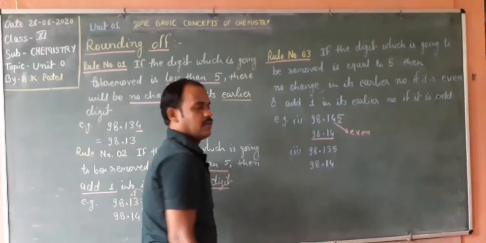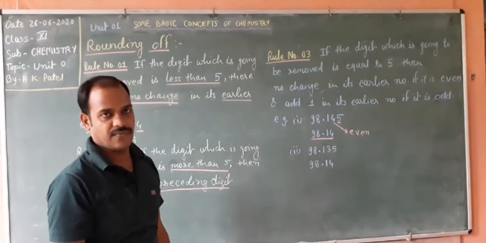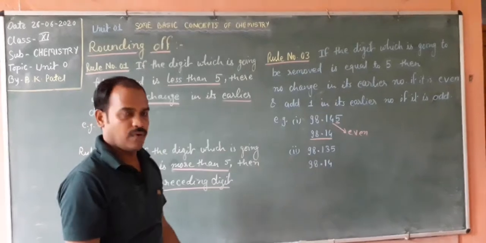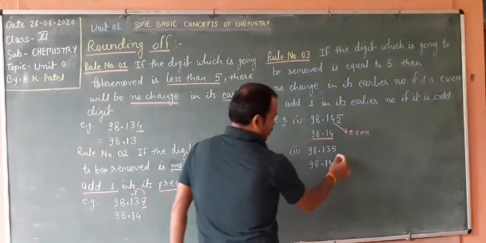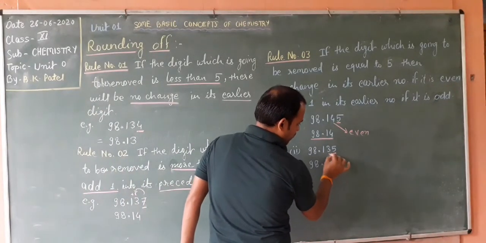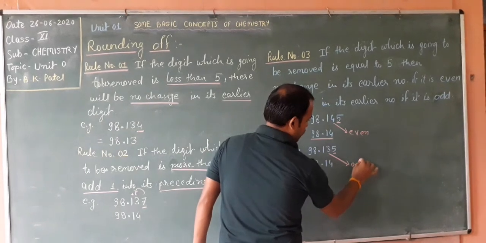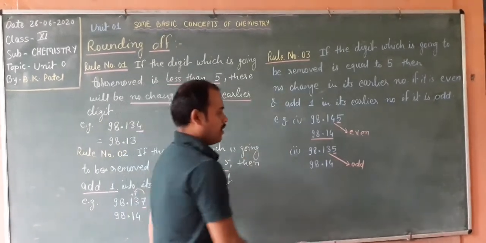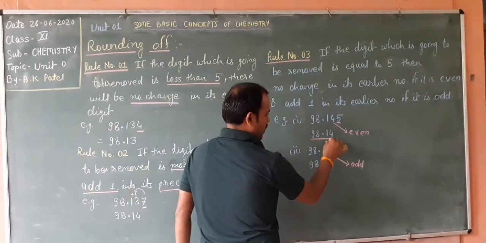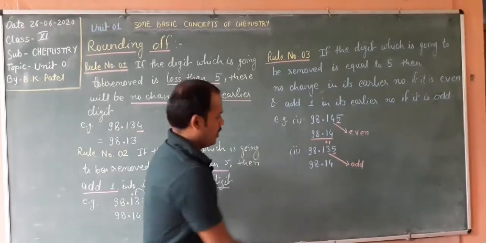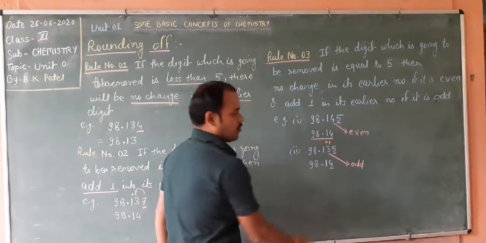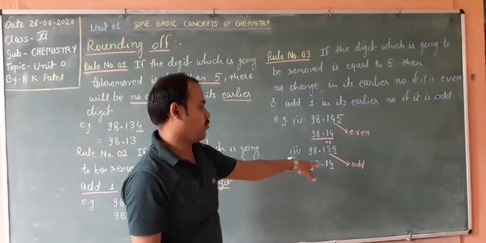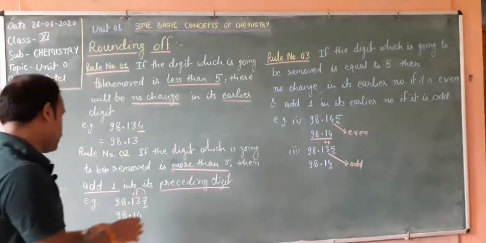The answer is, directly you can remove 5. The answer is 98.14. If the number before this 5 is odd, as in 98.135, then add plus 1 to 3, and now the answer will be 4, 98.14. So here are 3 rules.